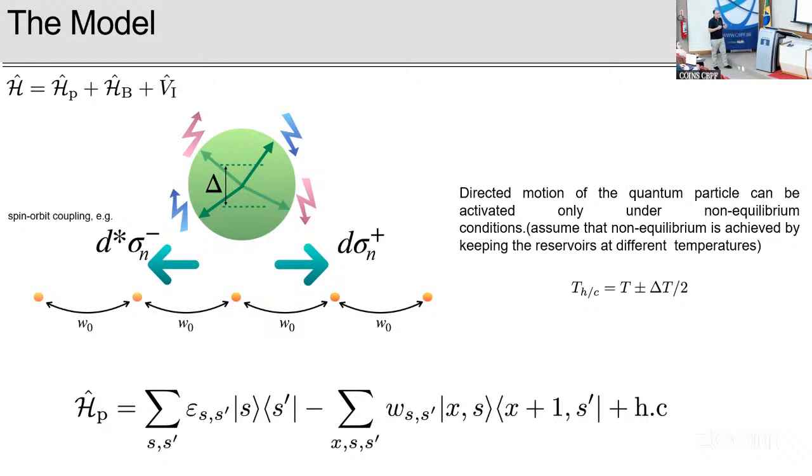So all we are discussing is just this. Then, of course, you can modify the internal structure and the spin-orbit coupling. There are several different properties that might depend on the specific model. But essentially, I'm going to discuss this mechanism: I create some non-equilibrium and push the particle more in one direction than another.